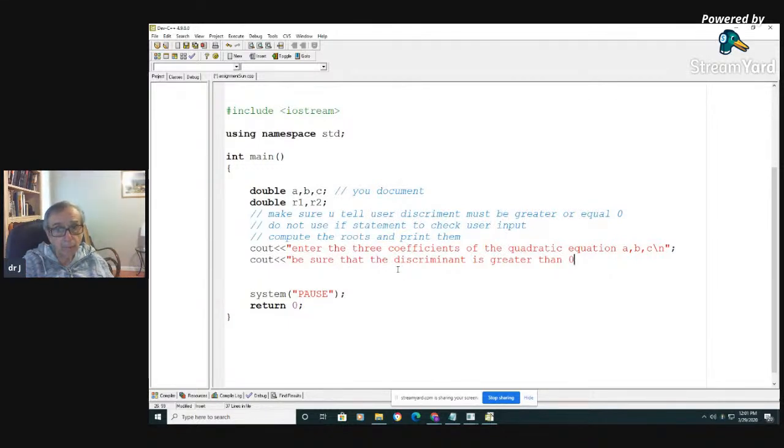Assuming people know what the discriminant is, b squared minus 4ac, I think that's a pretty safe assumption. Anyway, I just said it. And semicolon.